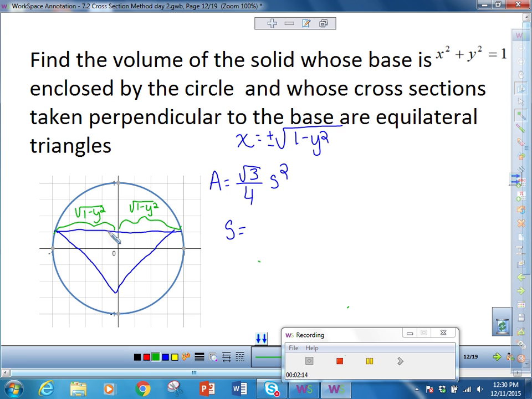So what is the total distance? What's the total length of that base? Very good. Did everybody understand that? Everybody gets that? So then our volume is going to be the integral from what to what?